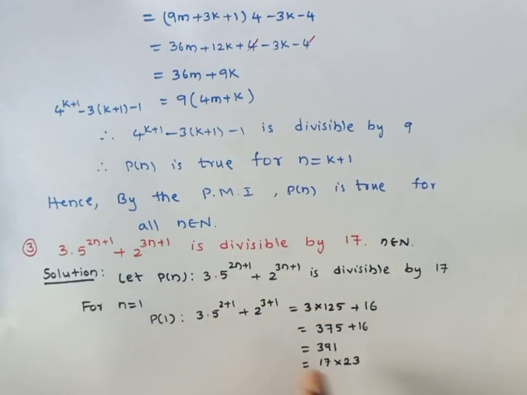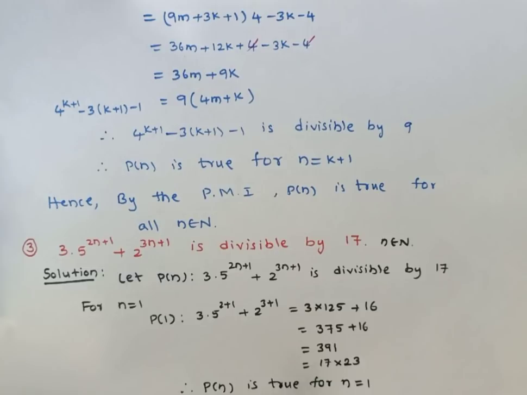This number can be expressed as 17 into something, so this number is divisible by 17. Therefore P(n) is true for n equals 1. We already expressed this number as 17 into 23, therefore it is divisible by 17. So the given statement is true for n equals 1.